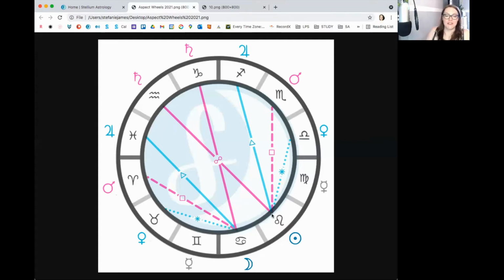Now, if we go from the sun, so the sun ruled 0 degrees Leo, for example, I've gone from about the midpoint in the diagram, so about 15. So let's say we're going from 15 Leo up to 15 Sagittarius there. So the sun ruled sign to the Jupiter sign is 120 degrees apart. That's the trine.